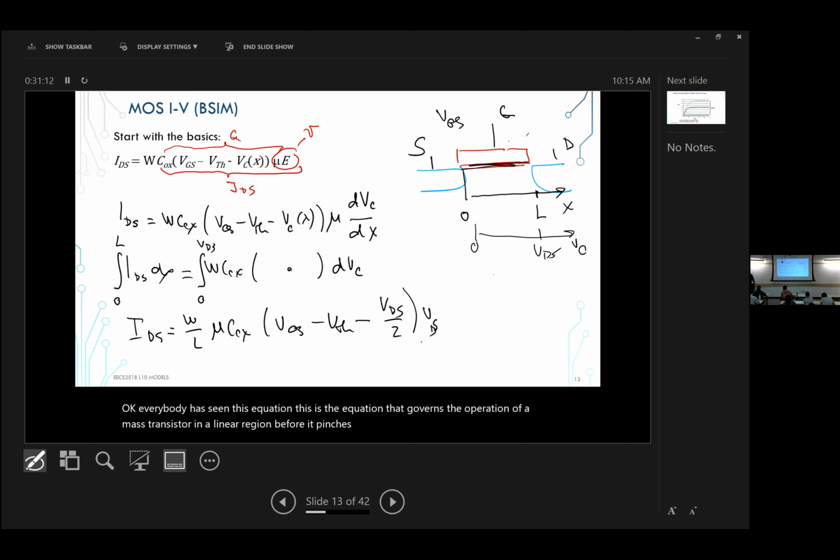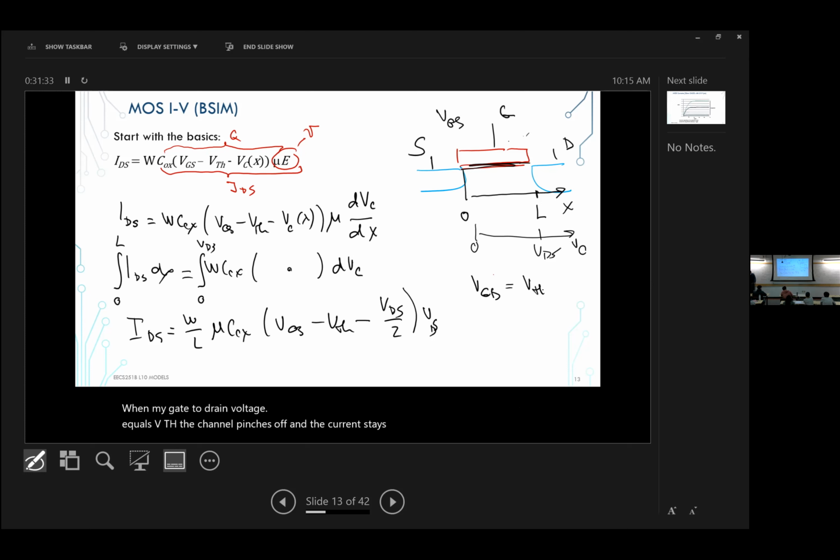When does it pinch off? When my gate to drain voltage equals VTH, the channel pinches off and the current stays constant.